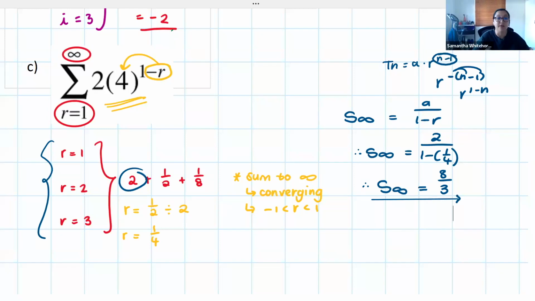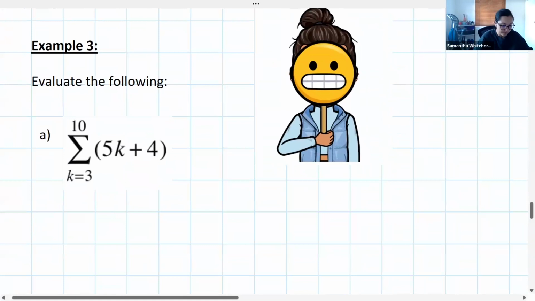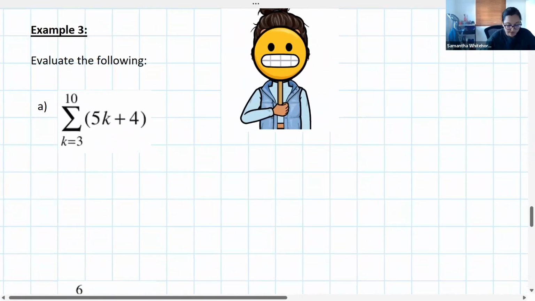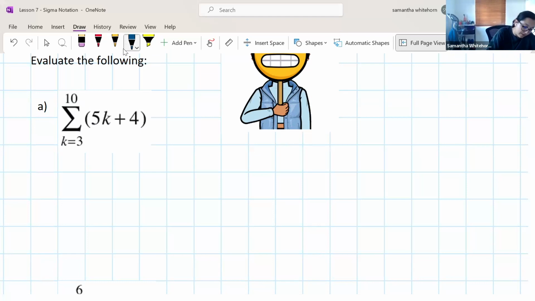Okay, so let's have a look now, like I say, if we're not starting to add from the first term. So if we have a look at the situation over here, we've got sigma, but now what we need to be very, very careful of is this bottom number is not 1. My bottom number all of a sudden is 3.